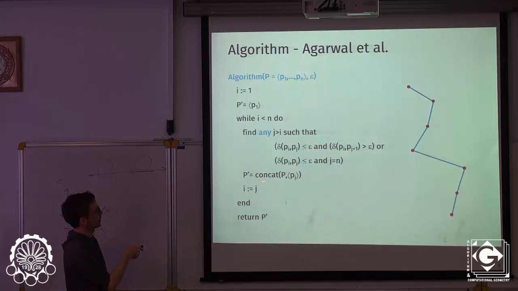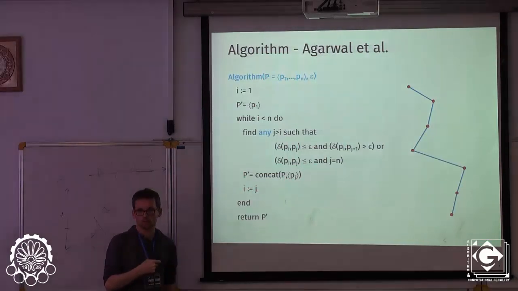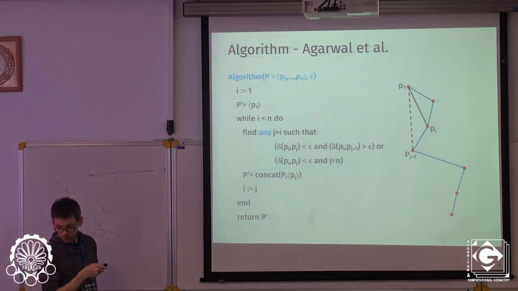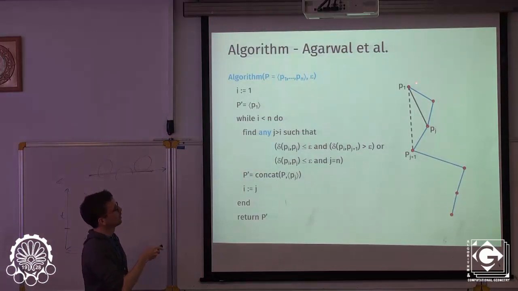So that is written here. I'm going to take whatever I found so far, and now I'm going to reset i to j. So I restart my algorithm from whatever I was able to go to. It's a greedy algorithm.